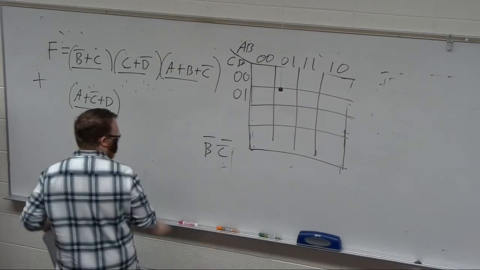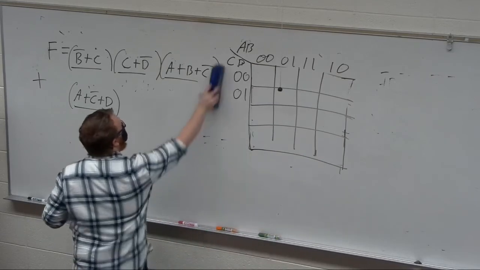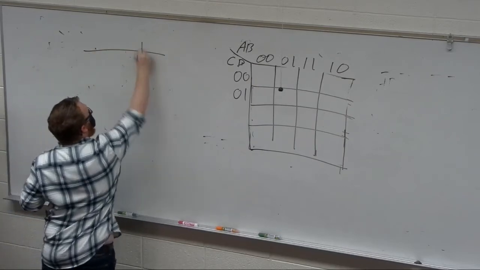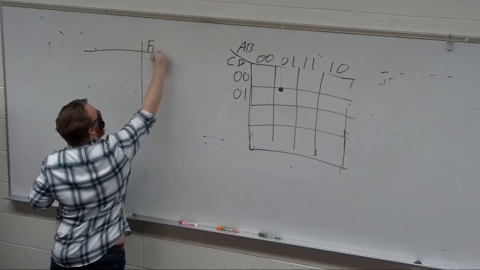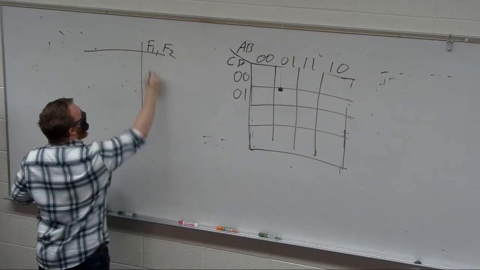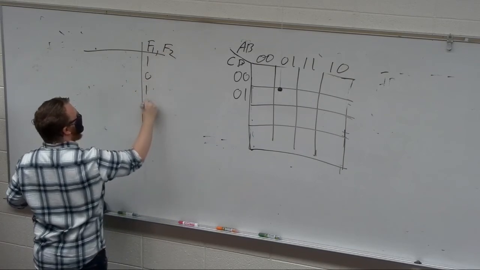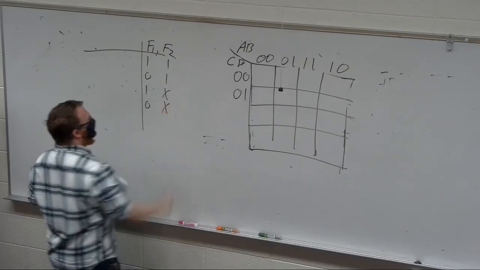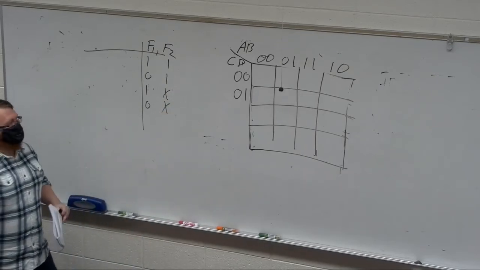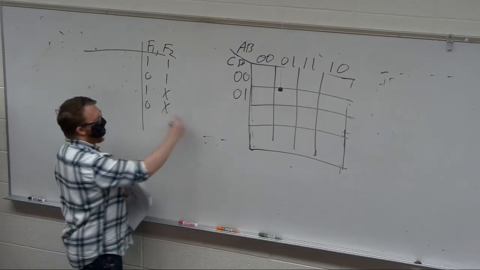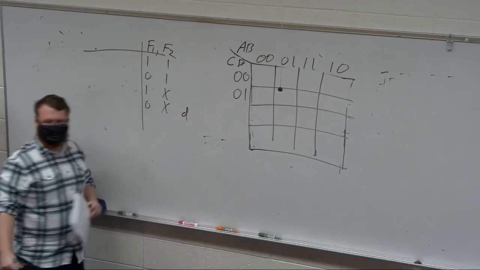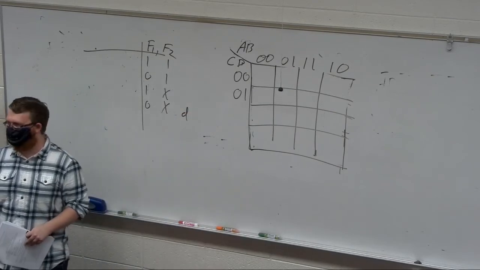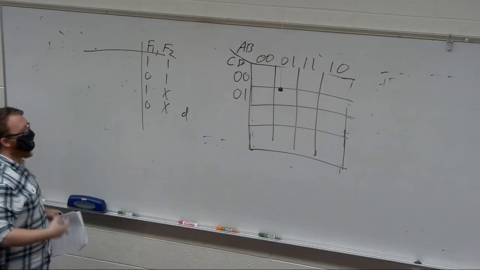So you could have a truth table that had two outputs, F1 and F2, and then one of these would be something like an X. It can also be a D for don't care, but generally we use X, right? We don't care what this is.